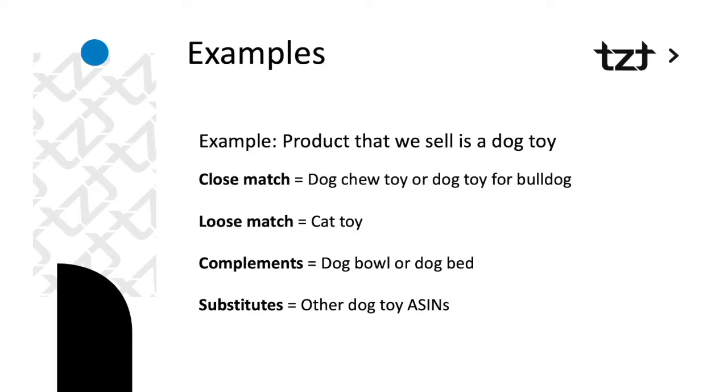And then with substitutes, essentially other ASINs of the same product that you have, or other ASINs that are similar in nature. Again, it all comes back to the SEO, the keyword research that's done on the listings, and ultimately that's how Amazon's going to start showing you for particular things after things start getting more indexed.